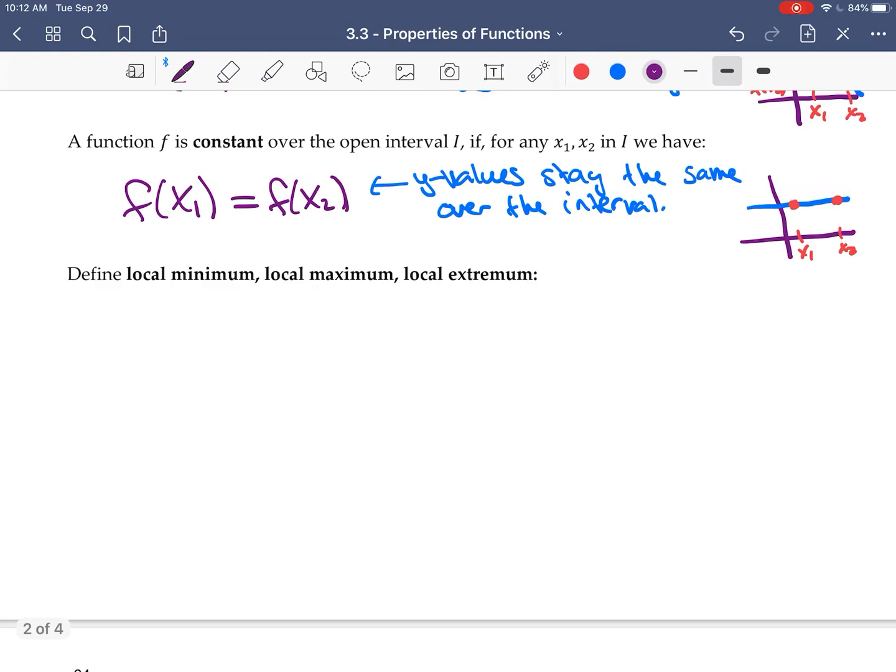Now, we can have what we call local minimums or local maximums. And then I'll talk about what an extremum is.